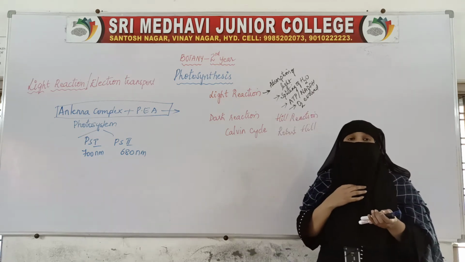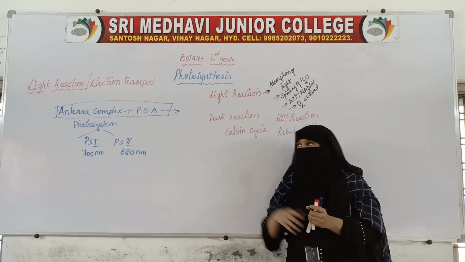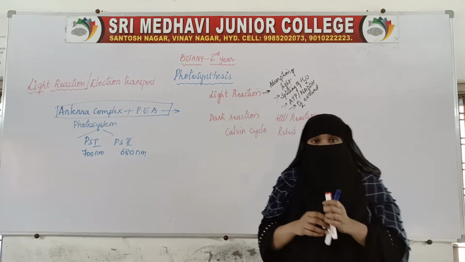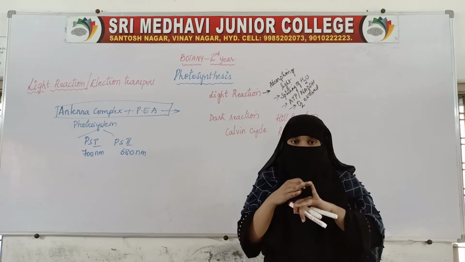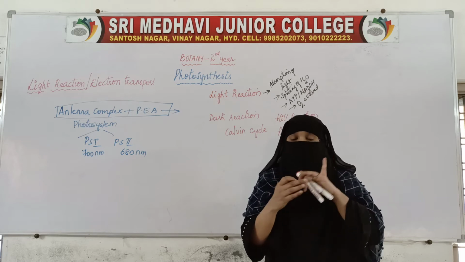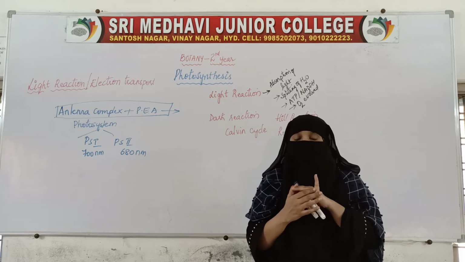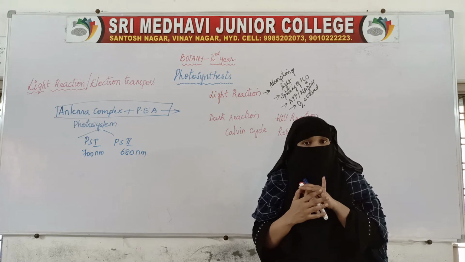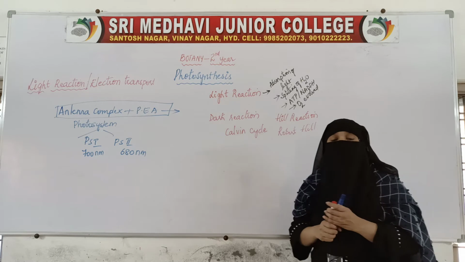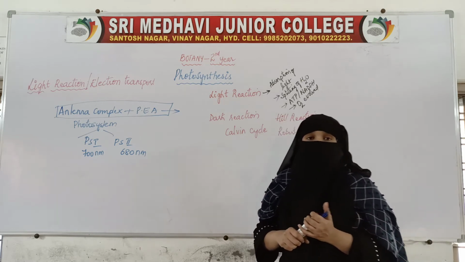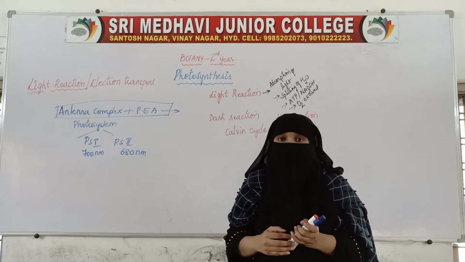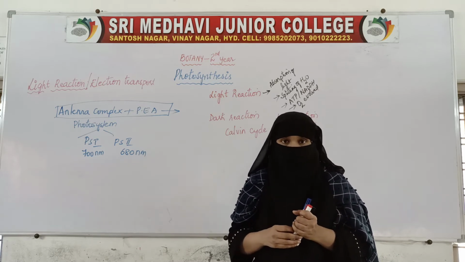So in the light reaction, absorption of light takes place, oxygen is released, and high energy intermediate compounds such as ATP and NADPH are formed. And last but not least, splitting of the water molecule takes place. These are the various things which happen during the light reaction.